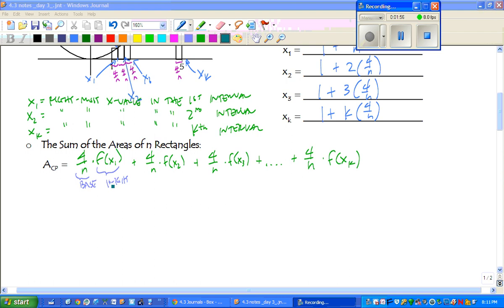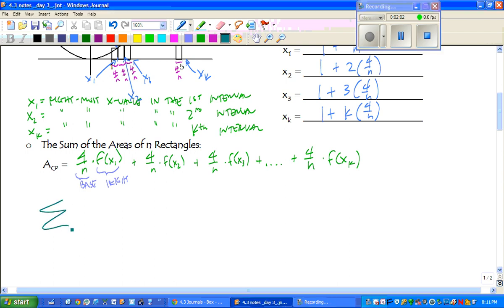Okay, now we need to take this and put it in sigma notation. So we're going to find the sum from k equals 1 to the nth term. Right, we're doing this in general, so we could set it up at the end of this if we wanted to try it for 10 rectangles or 100 or 1,000.